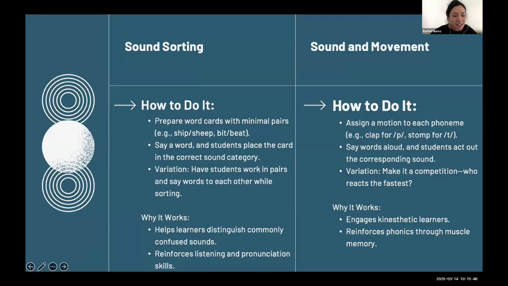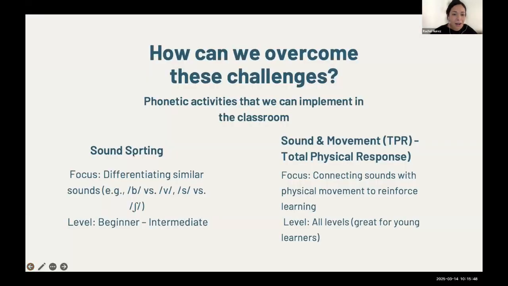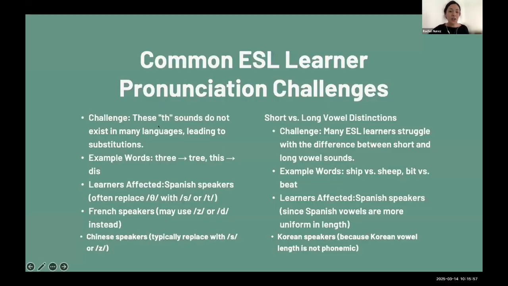So the example that I was giving here about differentiating sounds, right? It's because the sound does not exist in their language. That's the problem. So this was the example I gave: the TH sound. The th doesn't really exist in many languages.